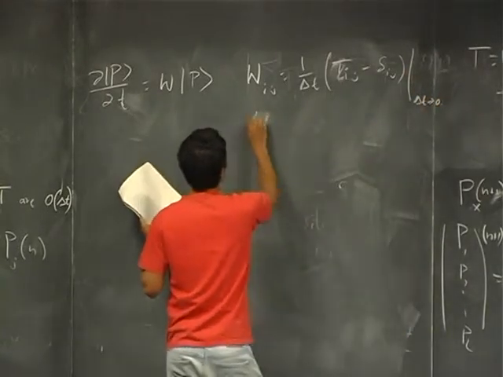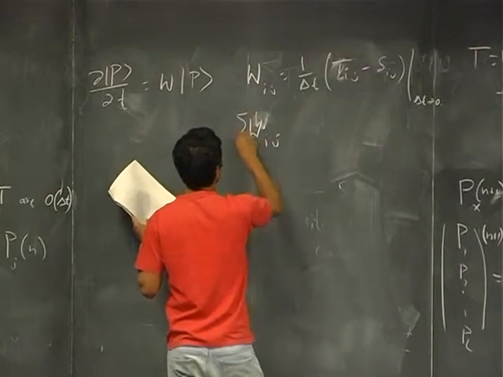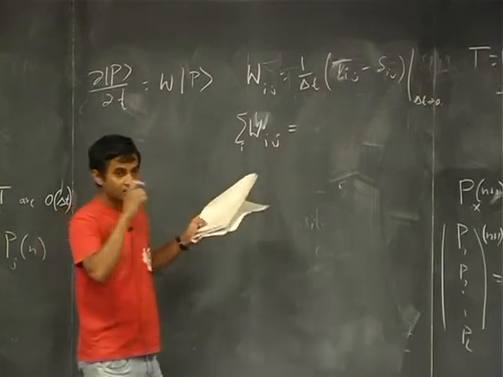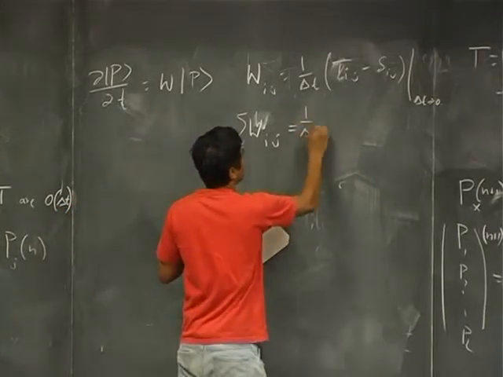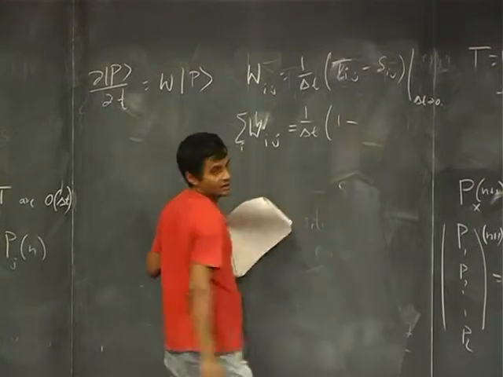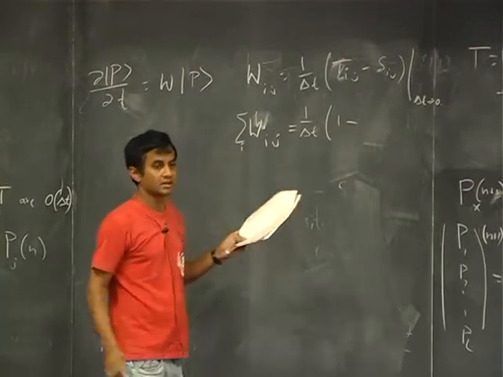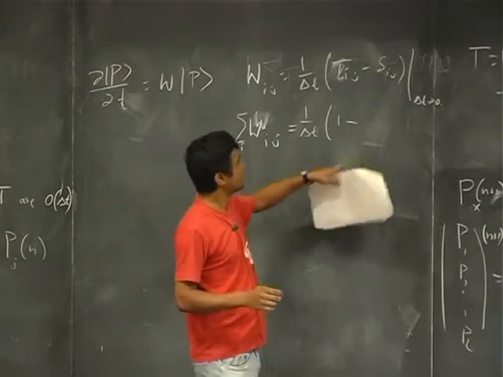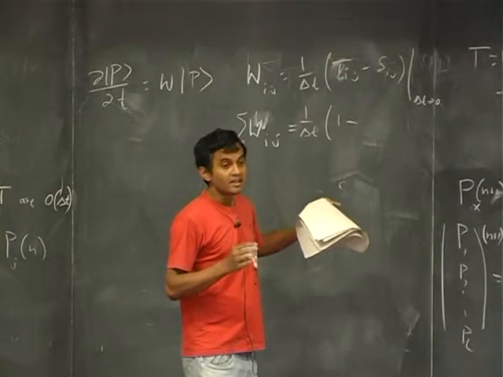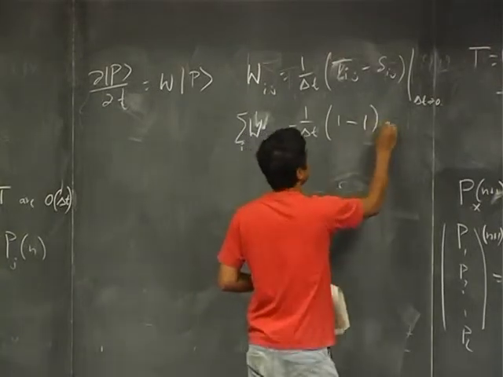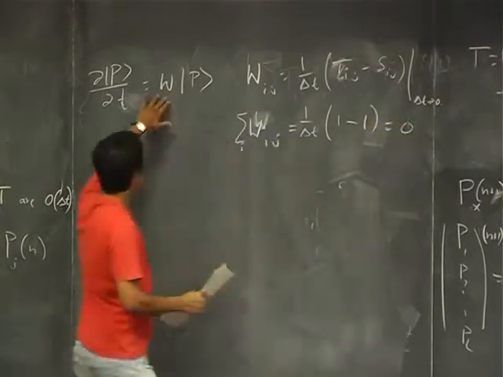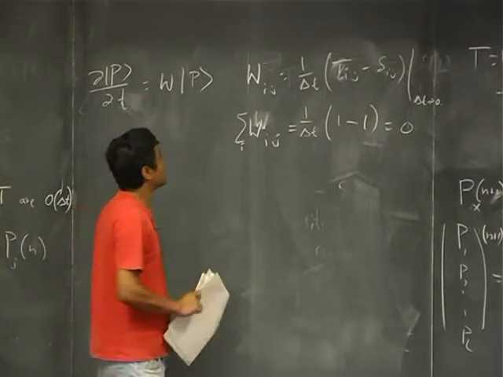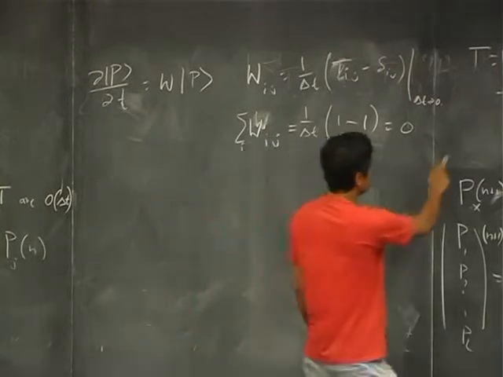So one thing you notice is that wij, if you sum over i, that's now 1 minus 1, right? So that's 0. So in this representation, if you sum the column, it's 0 now, right?